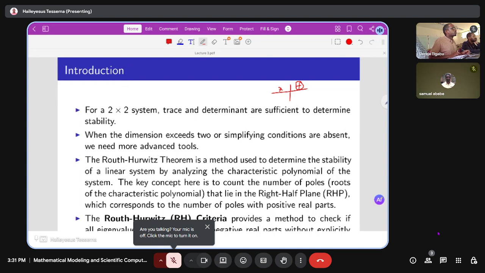So we are required to find that the coefficients of the characteristic polynomial are positive in order to say that the given dynamical system has a negative eigenvalue for the corresponding equilibrium point. And if we get positive coefficients for the characteristic polynomial, we can say that the eigenvalues are negative, and we can state something about the stability of the equilibrium point, which means the equilibrium point is stable if the eigenvalues are negative.